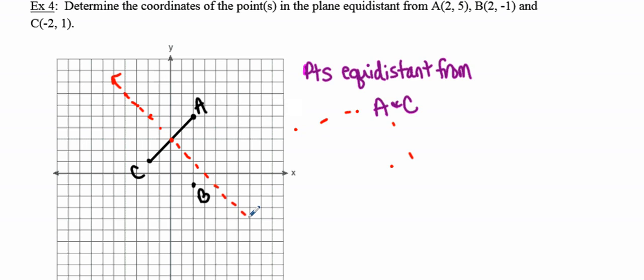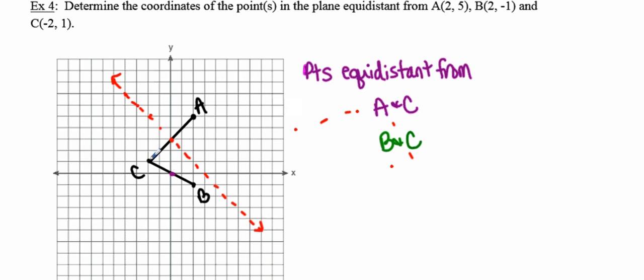All right, so there's my perpendicular bisector of segment AC. The second thing I'm going to take a look at is all points that are equidistant from points B and C. That's going to be the perpendicular bisector of segment BC. So its midpoint is going to be right there at the origin.